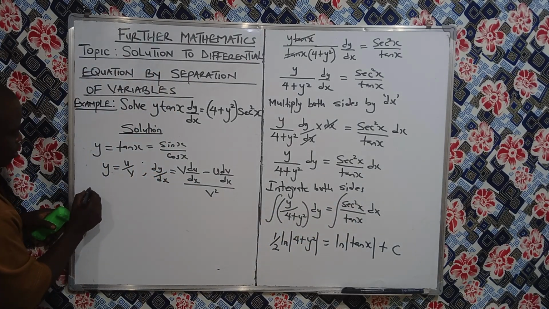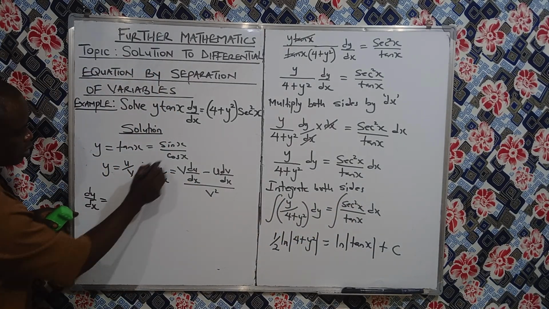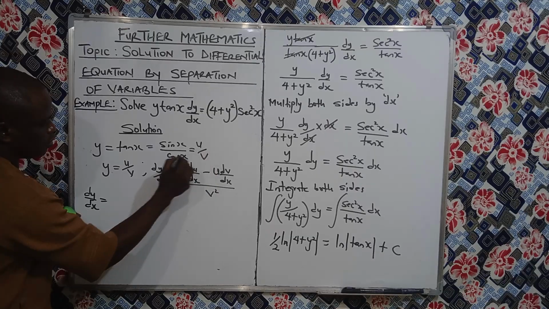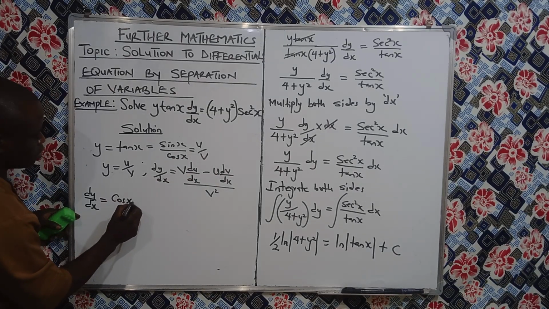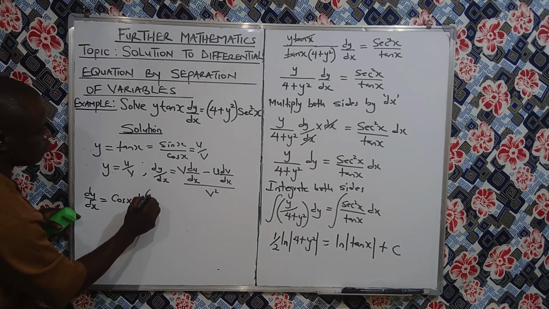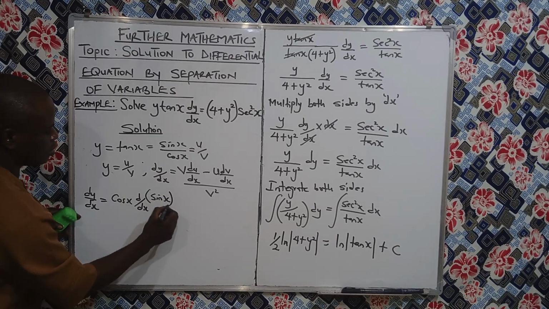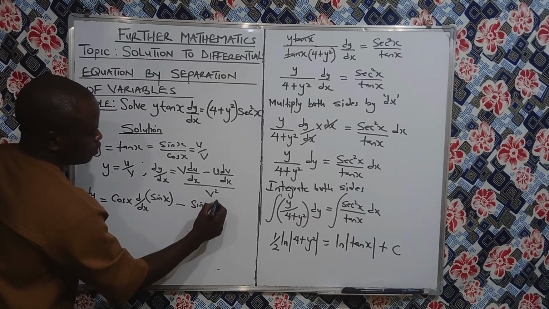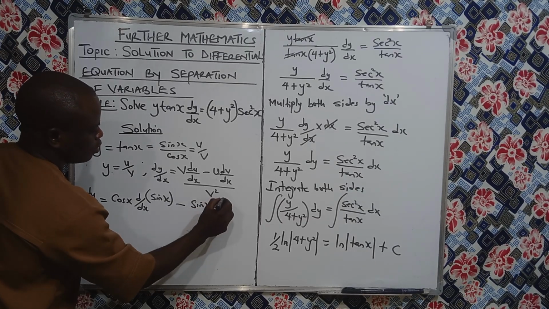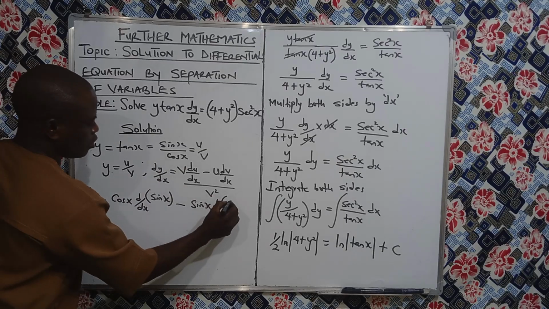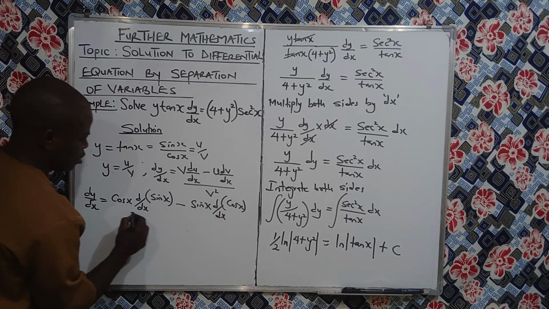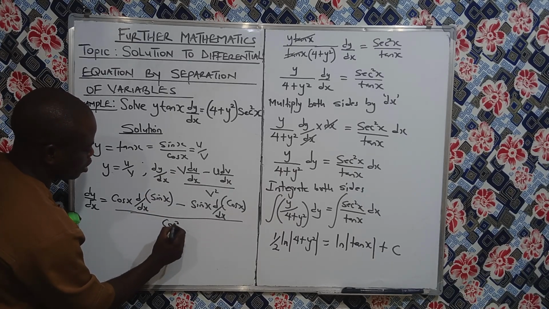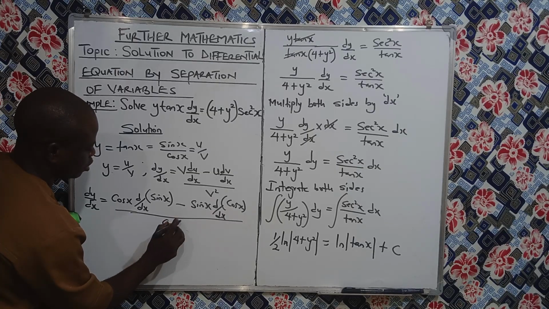Now dy over dx equals, you keep this cos, which is your v, cos x, d of dx of sine x, minus, what's your u, sine x, d of dx of what's your v, cos x, everything over what's our v, cos x, that's cos squared x.